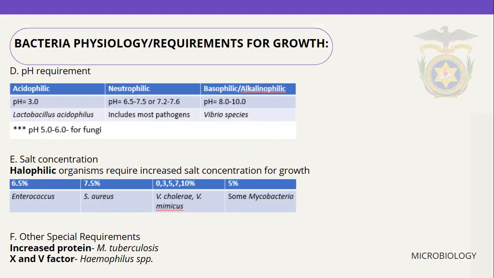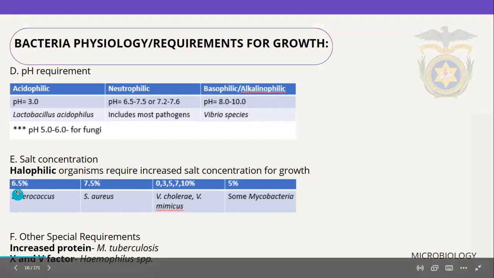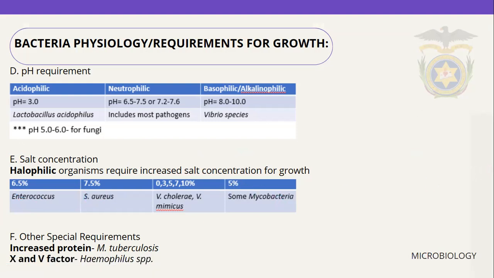The next one is the salt concentration, and halophilic organisms require increased salt concentration for growth. So I have made a table to differentiate each concentration and what organisms can grow there. For the first one, we have 6.5% NaCl, where Enterococcus can grow.